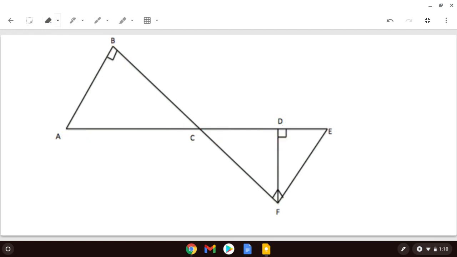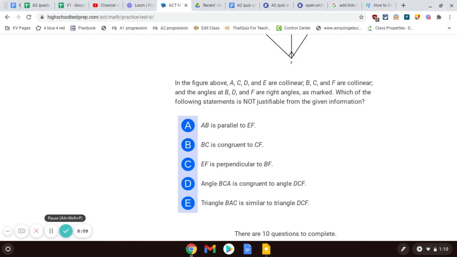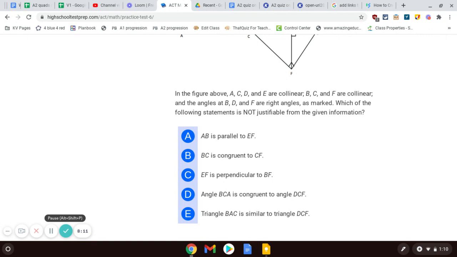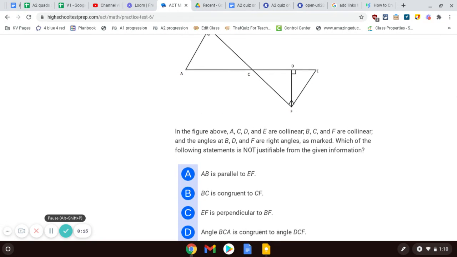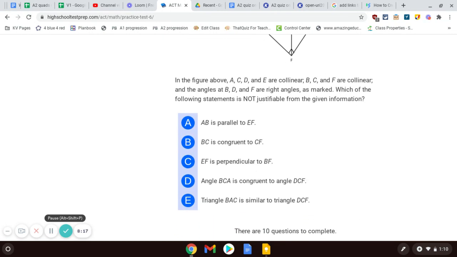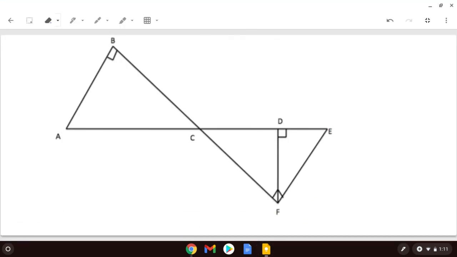I'll look at one more here. This is option A: AB is parallel to EF. Let me see why that's true. What I'm looking at here is alternate, would be exterior? No, it'd be alternate interior angles here.